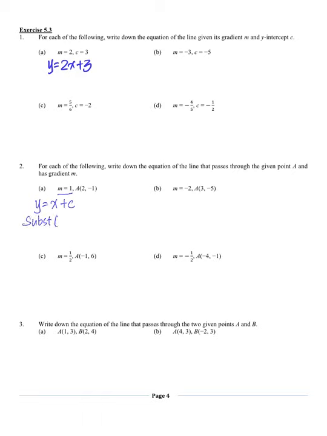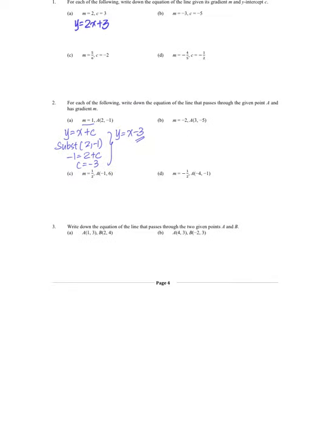Substitute the point. So y is -1, x is 2, plus c. C is actually -3. So the equation of the straight line is y equals x minus 3.